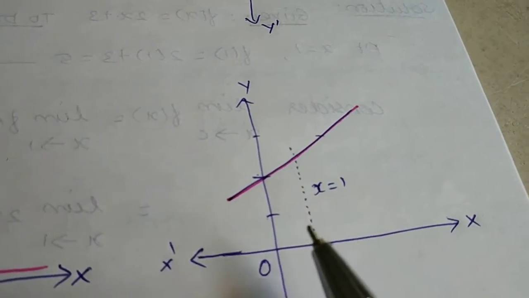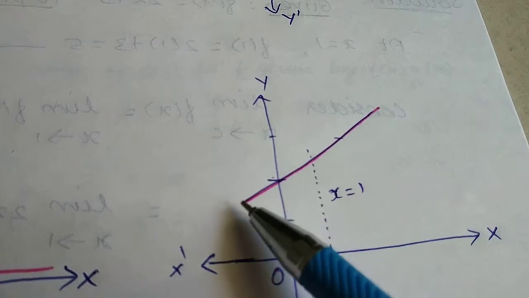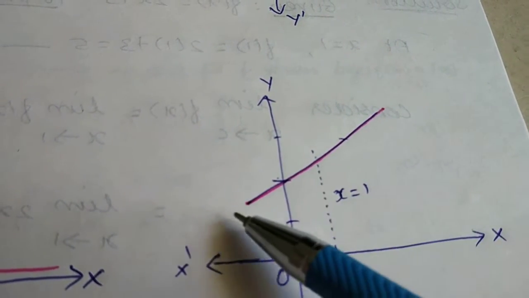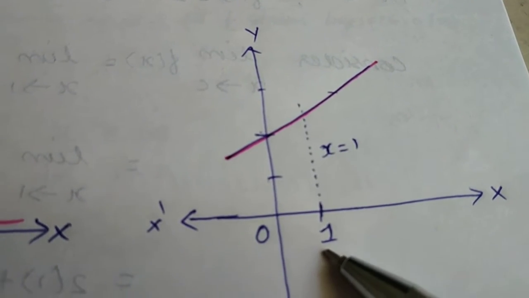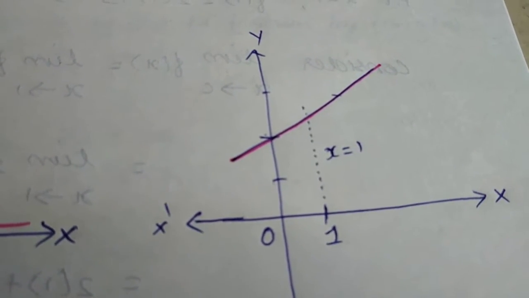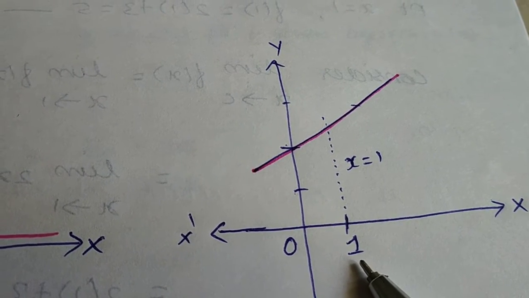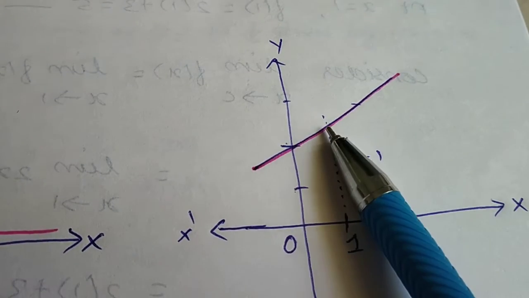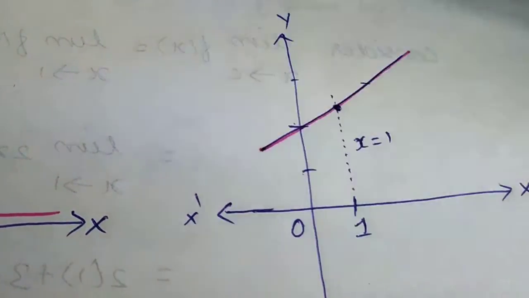But if you consider this one, we have only one straight line going upward like this. Then at a particular point x equal to 1, if you want to check the continuity of the function at x equal to 1, then this point approaches the line at this point.